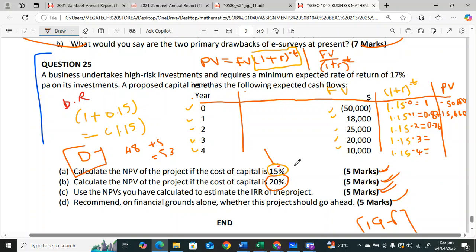Say, "Sauka, what should I do first?" I help you. Where there's 1.5, replace it with 1.2.